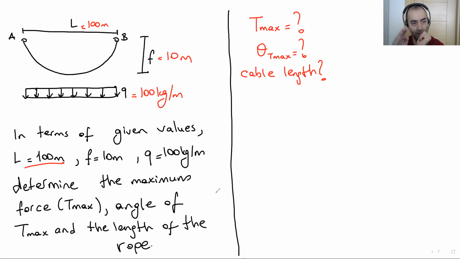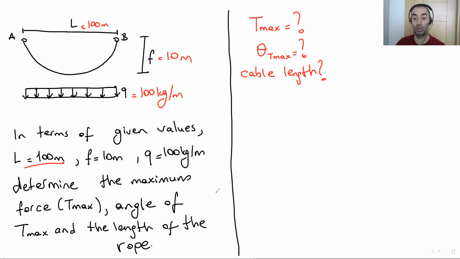When we look at this cable, you can see A and B are at the same level, and the cable sags down. So the highest point on this cable is point A and also point B.